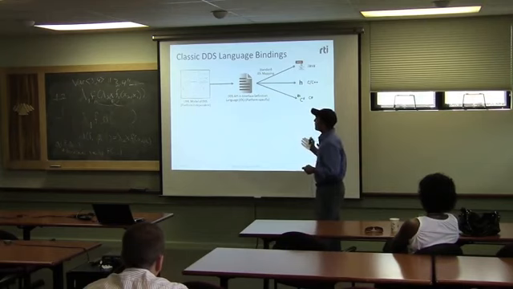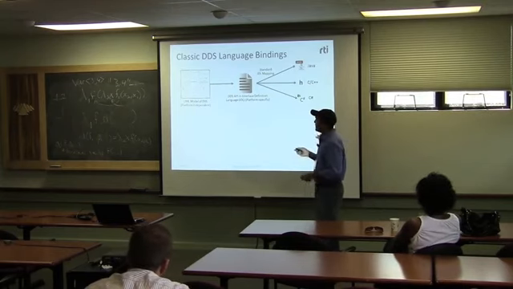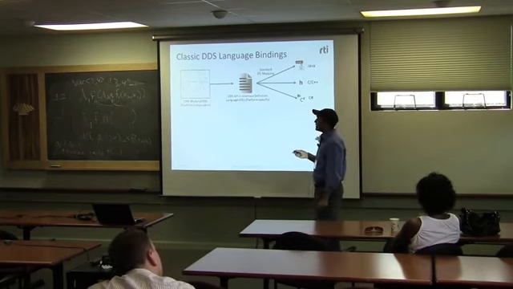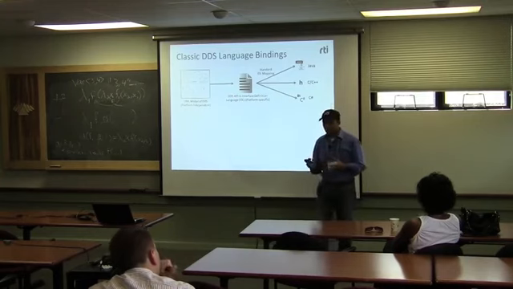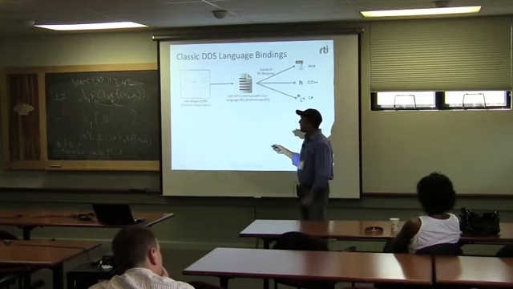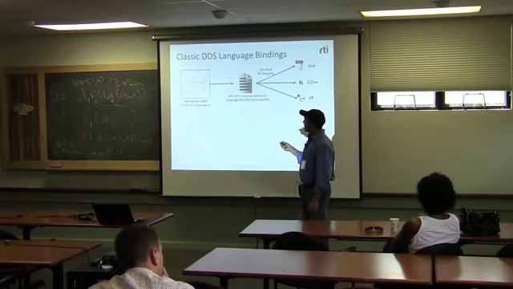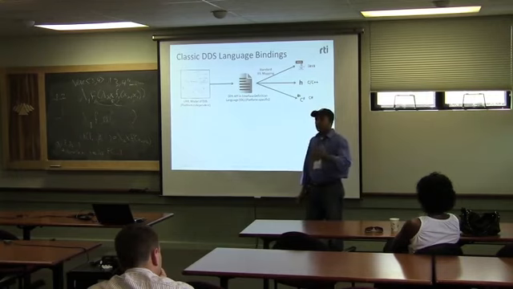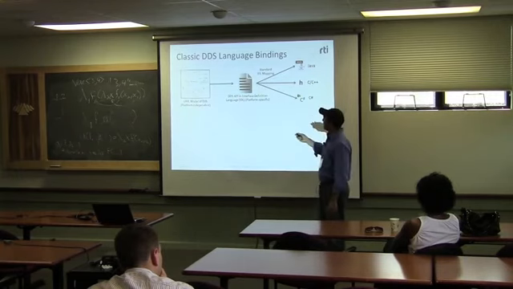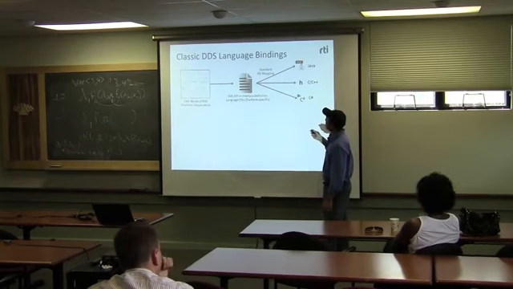So why do we need a new API? The main reason is that the classic way in which DDS was defined in 2004 was a UML model, and there is an interface definition language equivalent API for that, for creating publishers, subscribers, readers, writers. And there are well-known mappings from IDL to these languages.